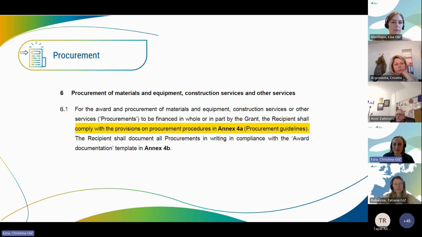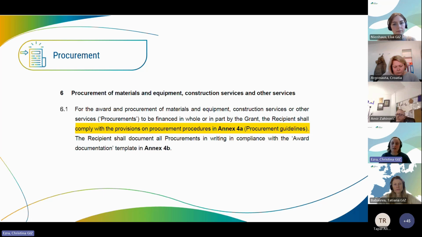Next up is one of our favorites, procurement. So I'm pretty sure that you are all aware of this article in the contract, but again, as it's super important, please comply with the GIZ procurement guidelines that you can read in Annex 4A.